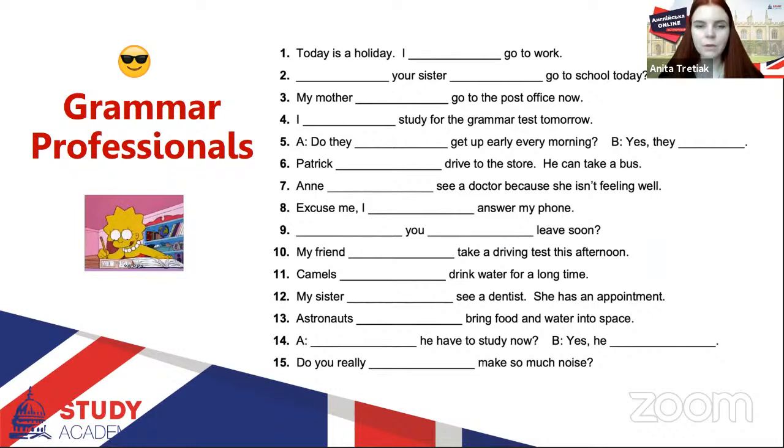Have to. You think it's have to. But my mother, it's she, and this is singular, like one person. So if you have one person in singular, you use has to, because you don't have like mothers. Mother, one. My mother has to go to the post office now. And guys, please don't forget to write the number, okay?